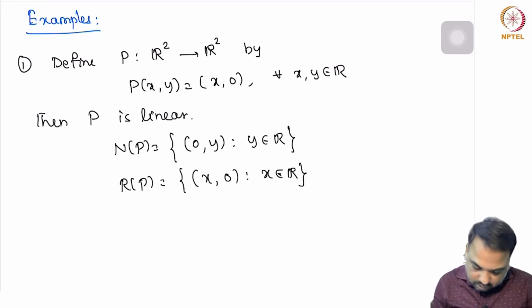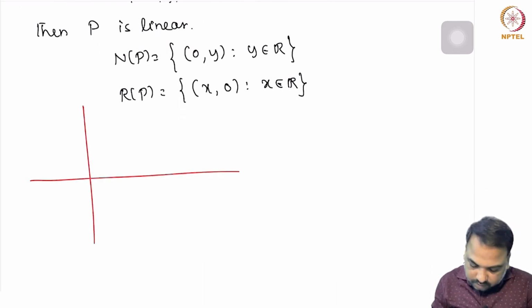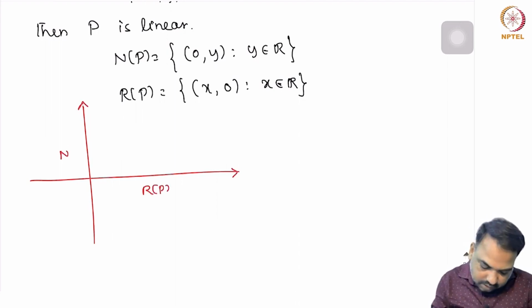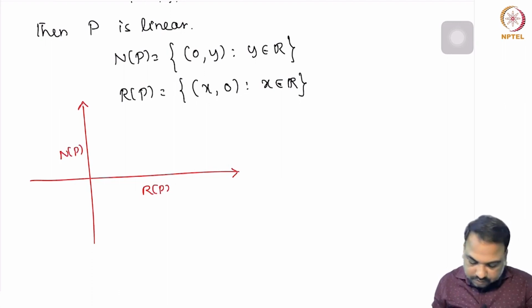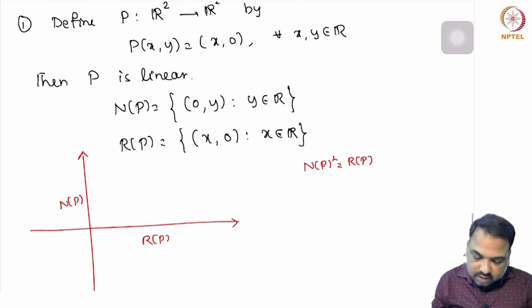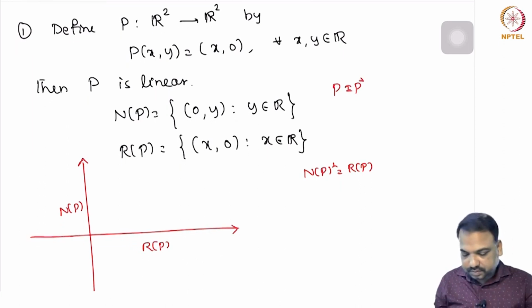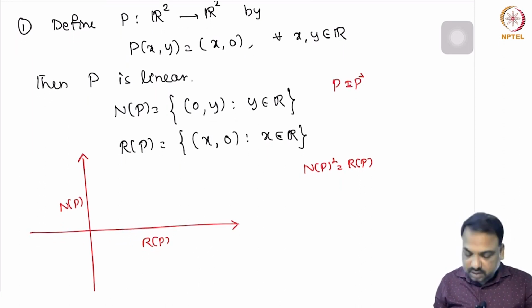So we can say that this is the range of P and this is the null space of P. So the null space of P perp is exactly the range of P. So here we can easily show that P is also self-adjoint, and the range of P is closed here.